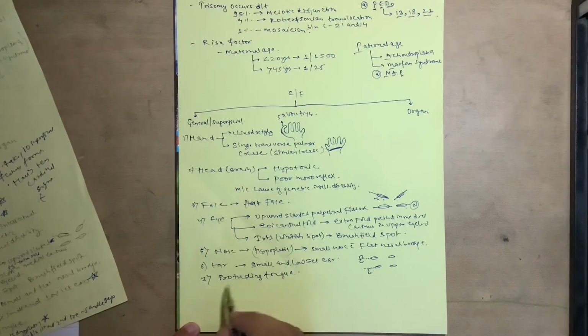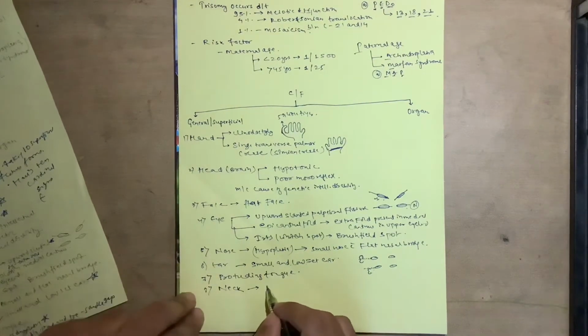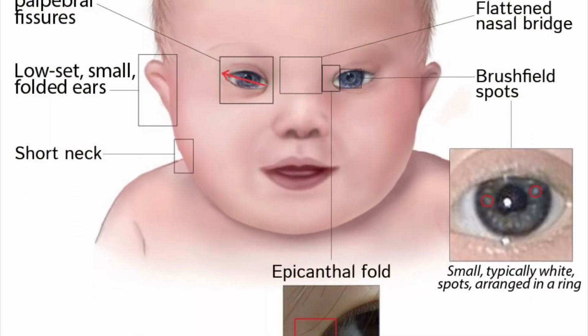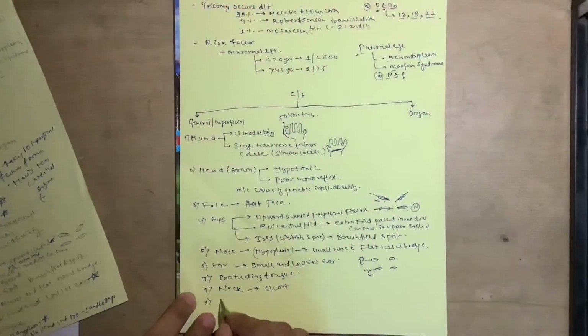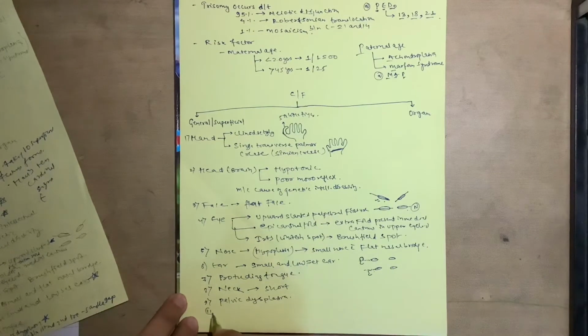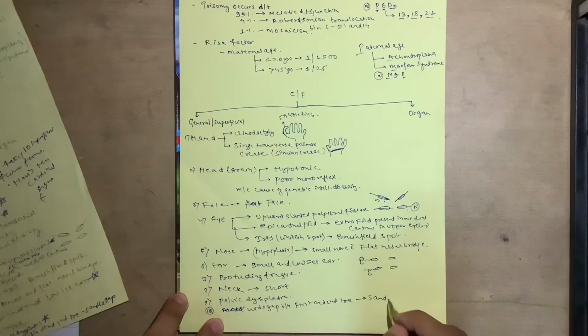Now we have finished the features present on the face. Then we come to the neck. The neck is short. And we go into the pelvic region, where there is pelvic dysplasia, and in the foot region there is a wide gap between the first and second toe, known as sandal gap.